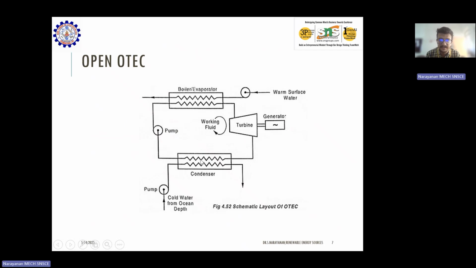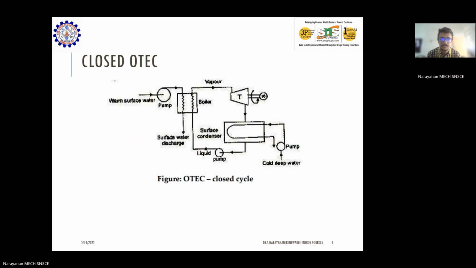So this is open OTEC, where warm surface water is directly injected into the evaporator, where it is converted to steam, and steam is sent to the turbine and mechanical energy is produced, and cold water is used for condensing the steam produced from the evaporator. The closed cycle you have already seen, with ammonia as the working fluid.